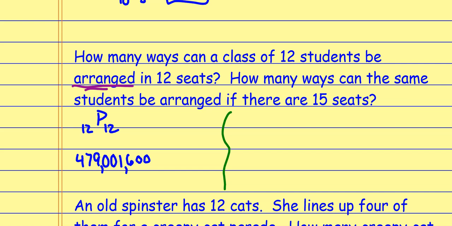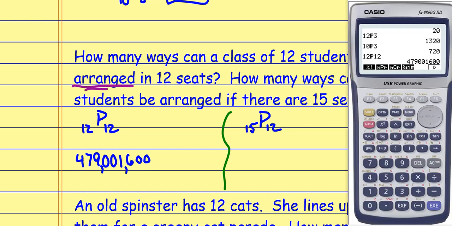And then if I make a slight change here, let's say I have 15 desks. So now I have 15 total desks, and I'm going to fill 12 of them with students. So I'm going to have empty seats here. Let's see how that changes the number of outcomes. Ready? 15, and then choose the 12. Look at that. It spits this thing out in scientific notation, because the number of arrangements is so big.